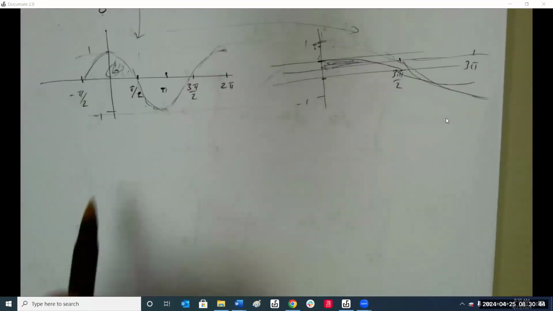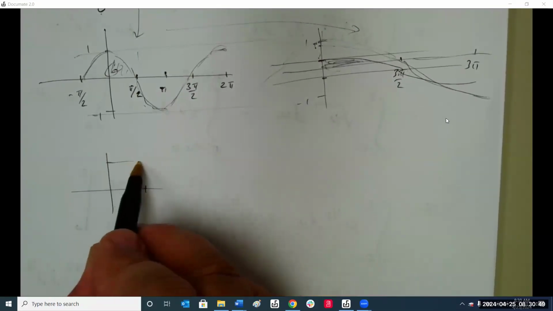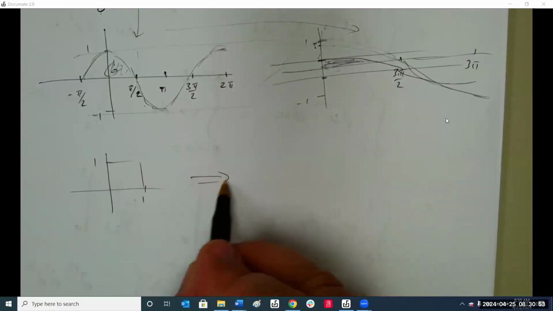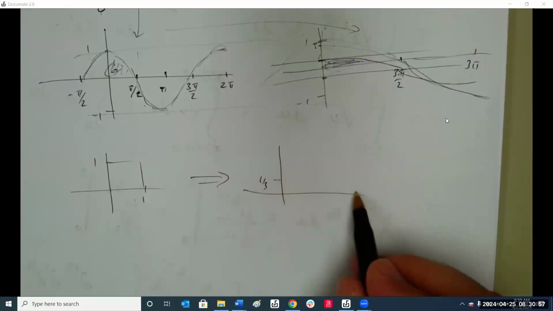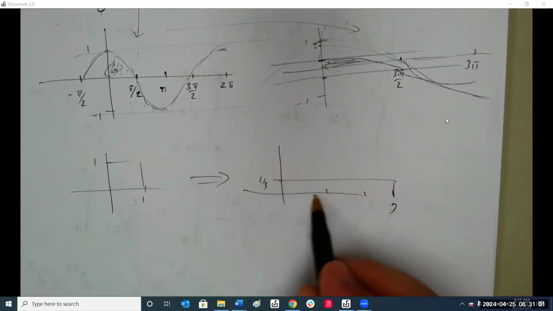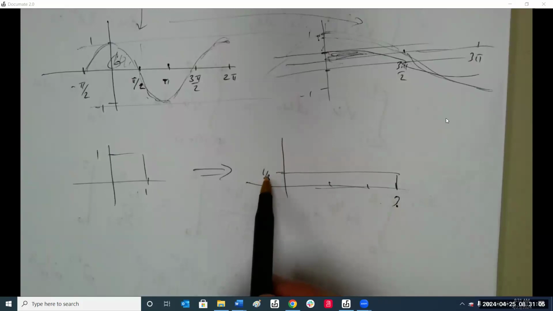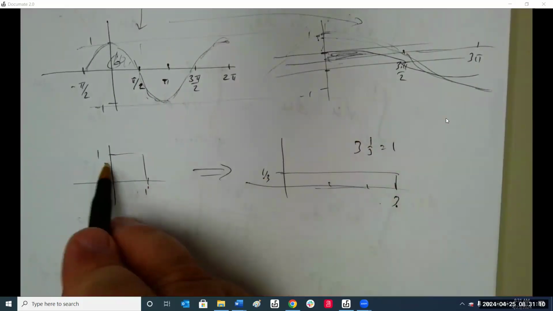So if we look at just rectangles, if we took a box of 1 and 1 and we shrunk it to 1/3, but instead of 1, it's now 3, it's going to be the same area inside there. Because 3 times 1/3 is 1. 1 times 1 is 1.